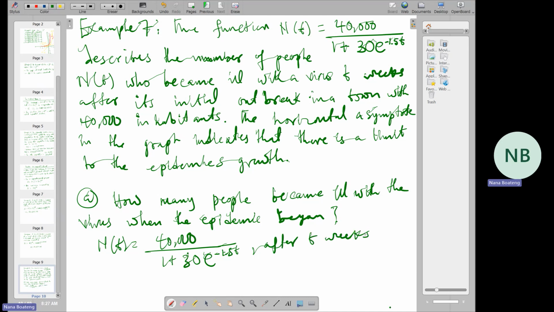So at the time that the epidemic began, that is the 0 week, t will be equal to 0. So this equals 40,000 divided by 1 plus 30 e to the power minus 1.5 times 0.